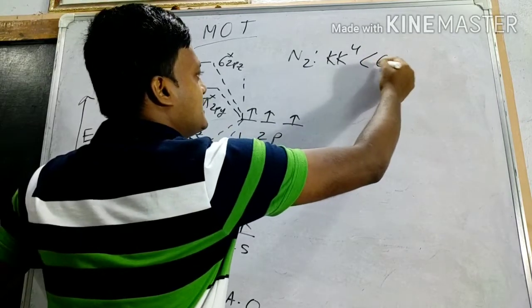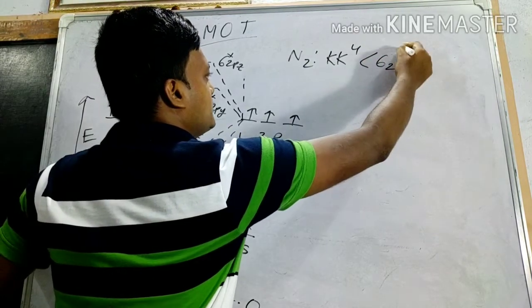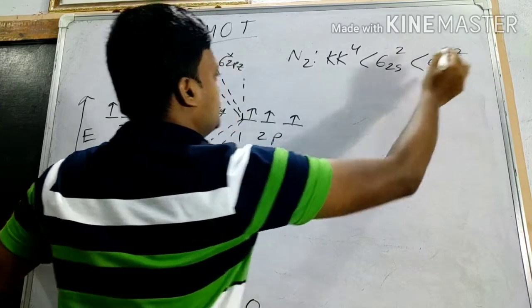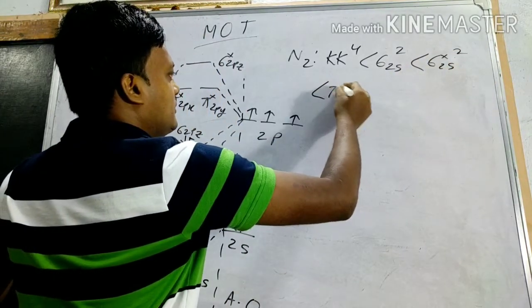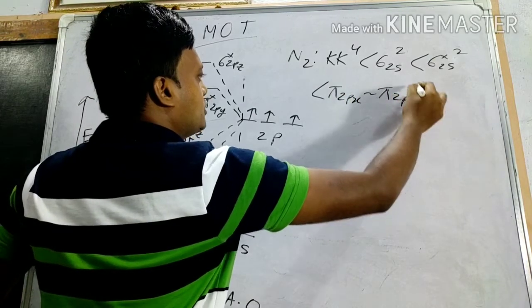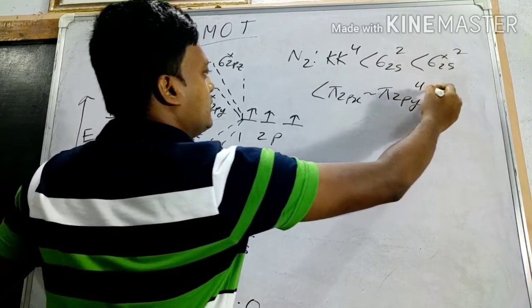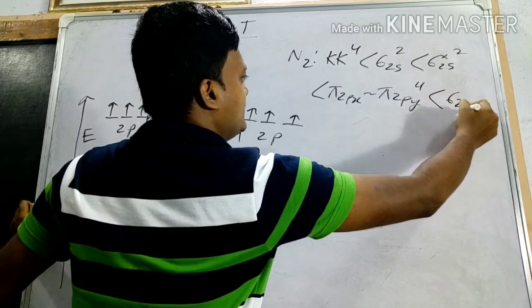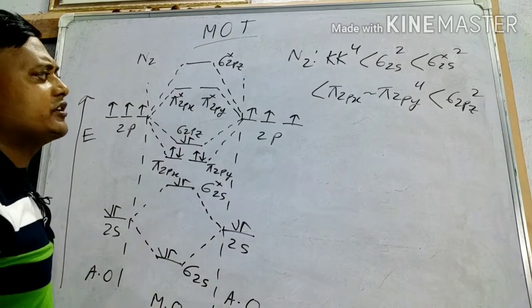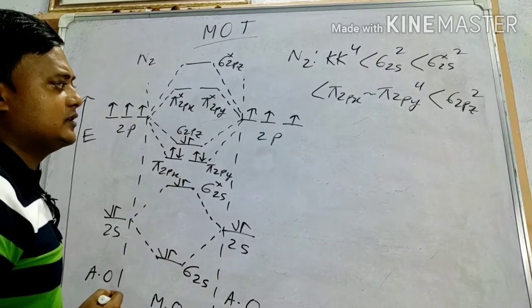Next, sigma 2s 2, sigma star 2s 2. Then pi 2px, pi 2py, total electrons 4. Then sigma 2pz 2. That is the MO electronic configuration of nitrogen.